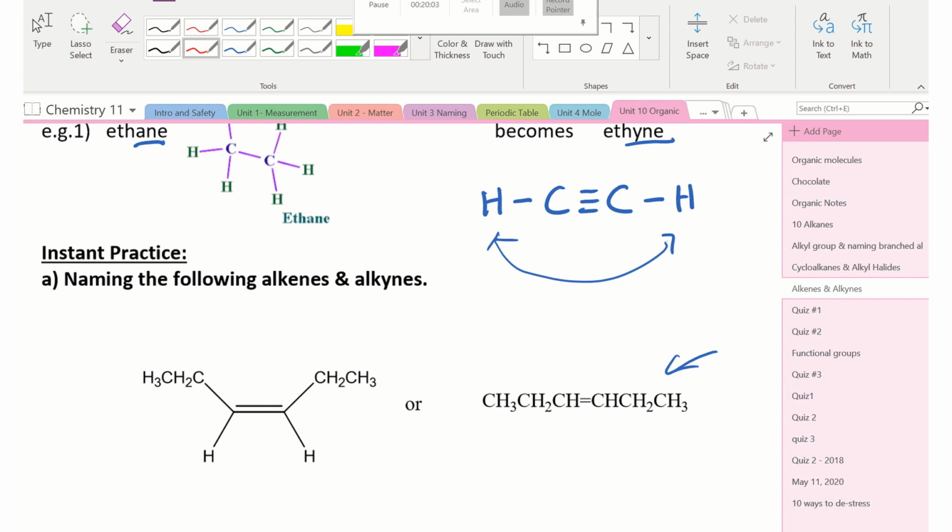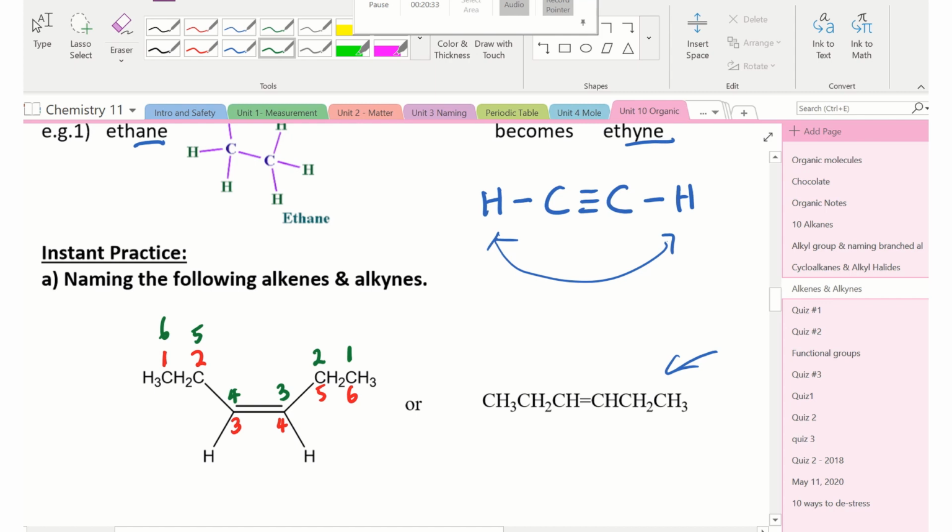So let's take a look at the structure on the left hand side and see how they are the same. Let's count carbons. 1, 2, 3, 4, 5, and 6. 6 carbon straight chain. This way I go from left to right. Now you have a choice to go from right to left. Let's check that out. 1, 2, 3, 4, 5, and 6.